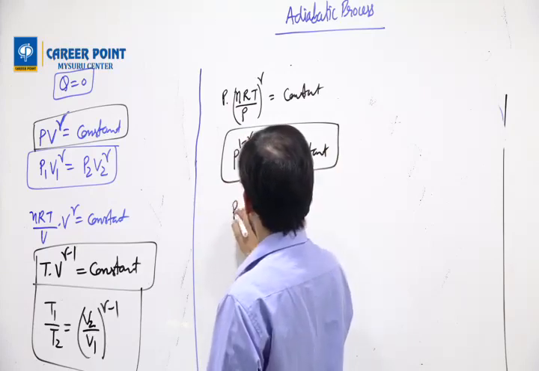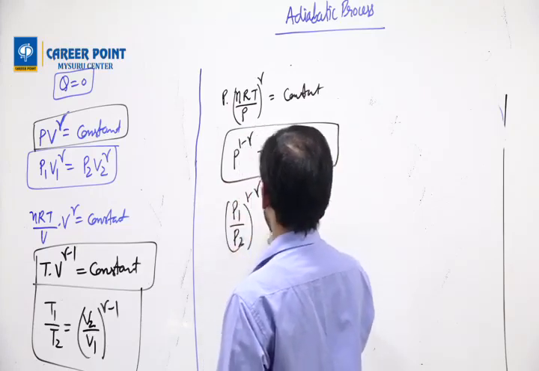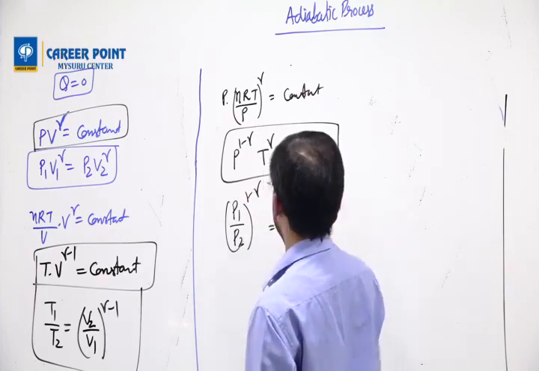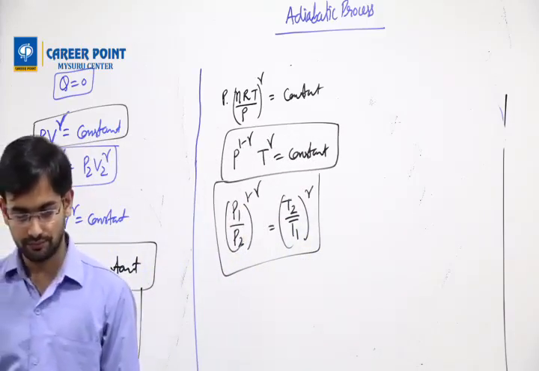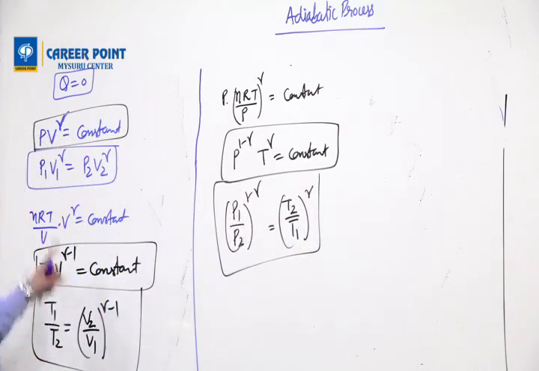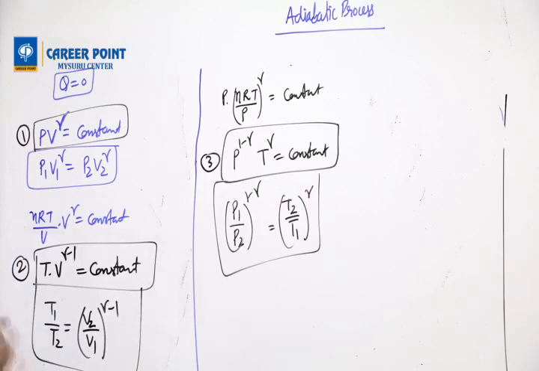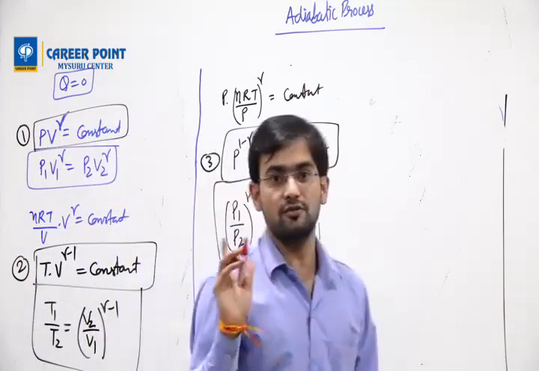Or P1 by P2 power 1 minus gamma equals to T2 by T1 power gamma. So 1, 2, 3, these are the three different equations which the adiabatic process must follow.